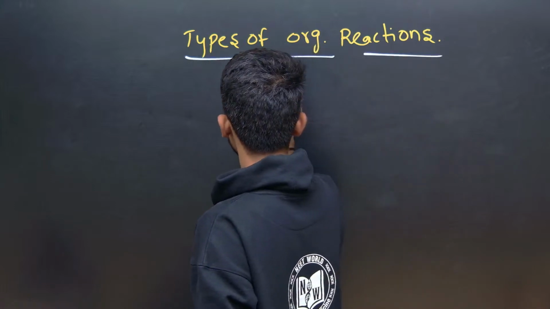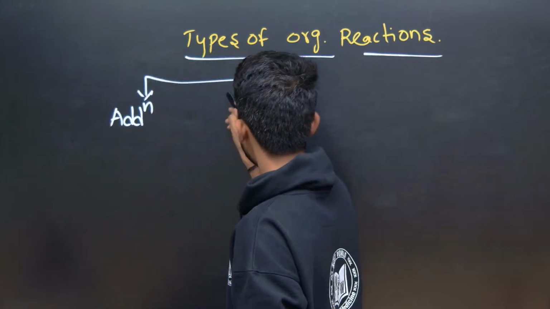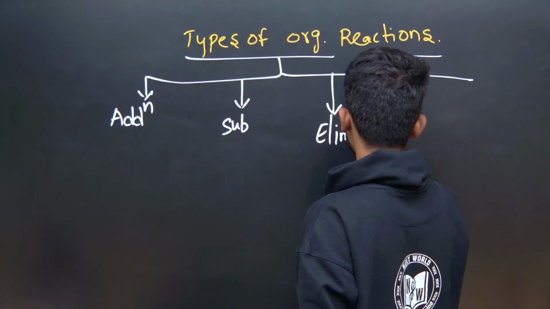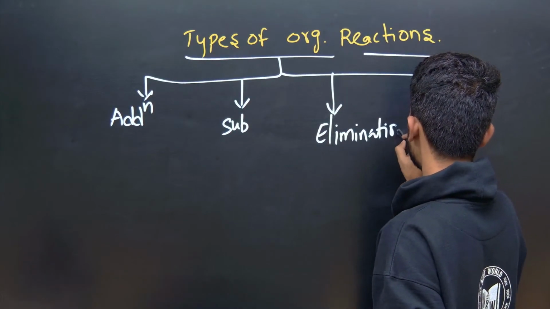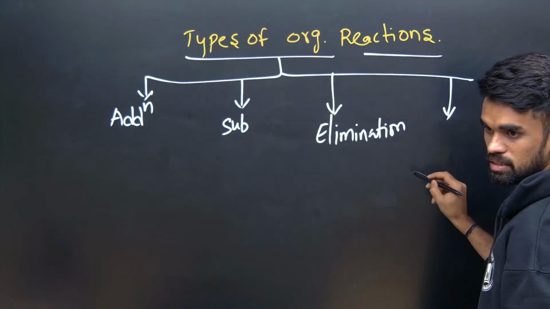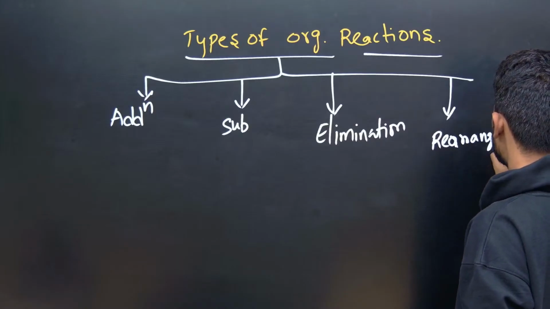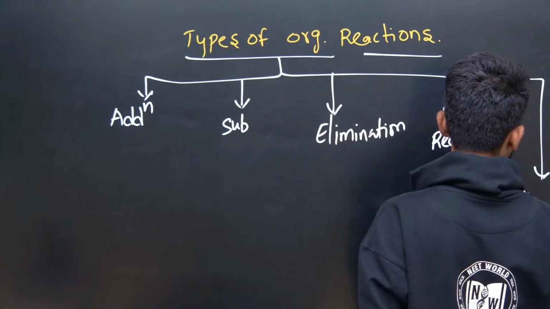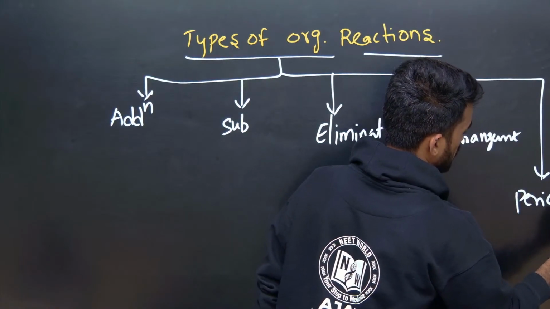What are the types I told you yesterday? Addition reactions and substitution reactions, the next, elimination reactions, next rearrangement reactions, and the last one is pericyclic reactions.